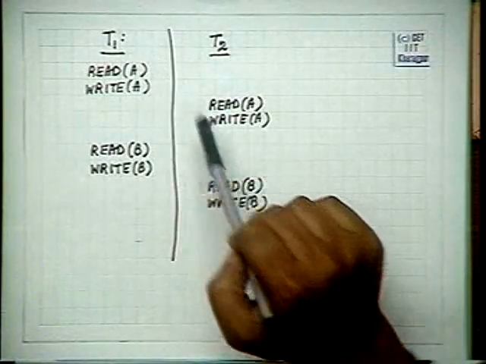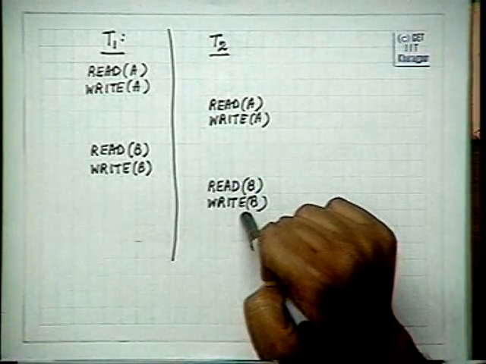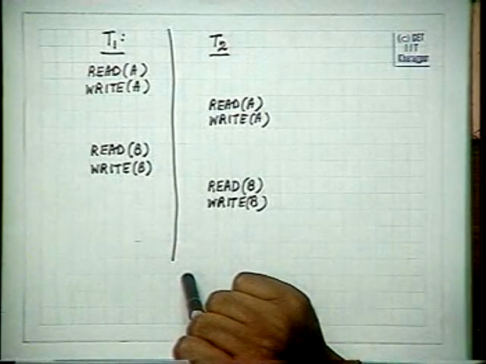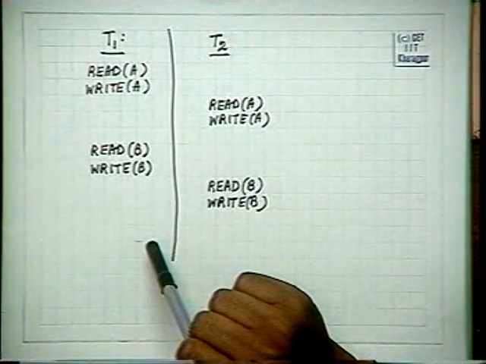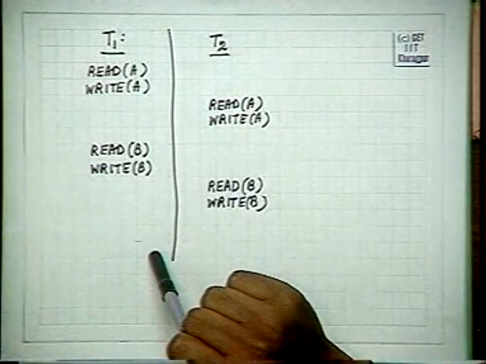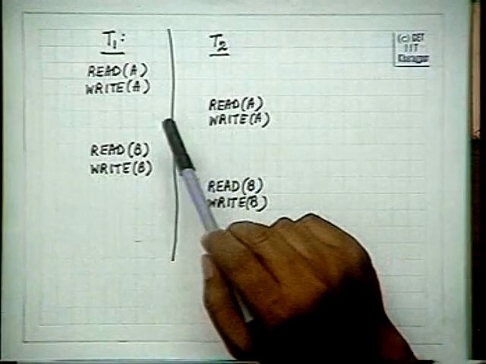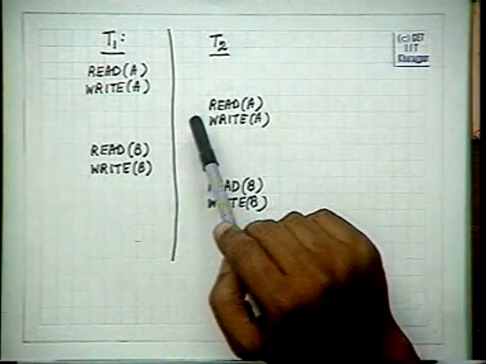So, we can have T1 followed by T2, which will be conflict equivalent to this particular schedule. So, this particular schedule is a conflict serializable schedule. It is not conflict serializable to all serial schedules, it may be conflict serializable to any one serial schedule. In this particular case, it is conflict serializable to T1 followed by T2.